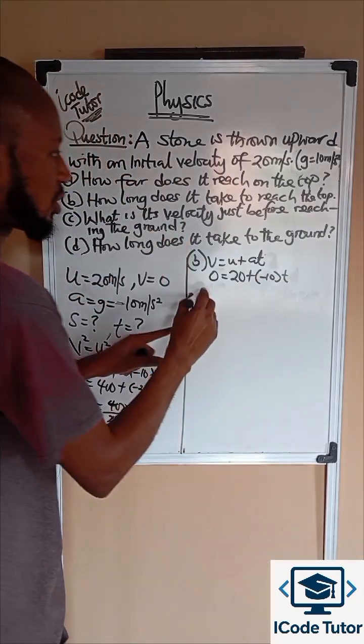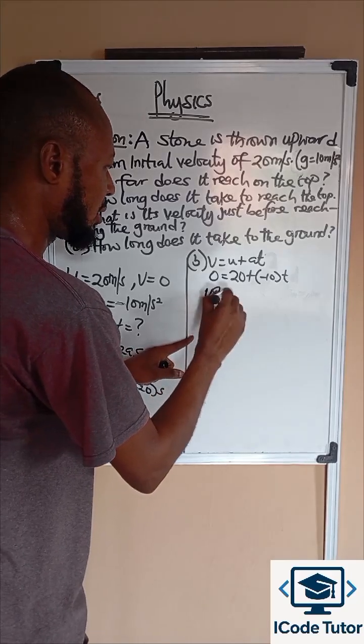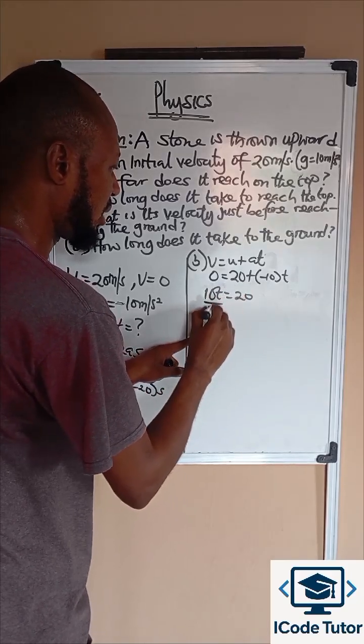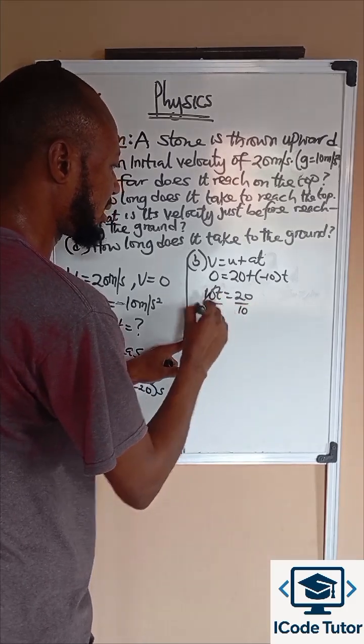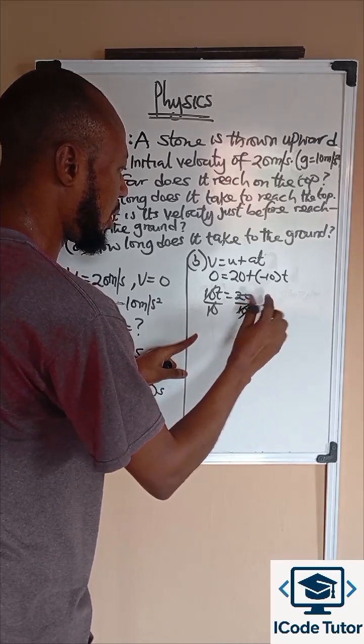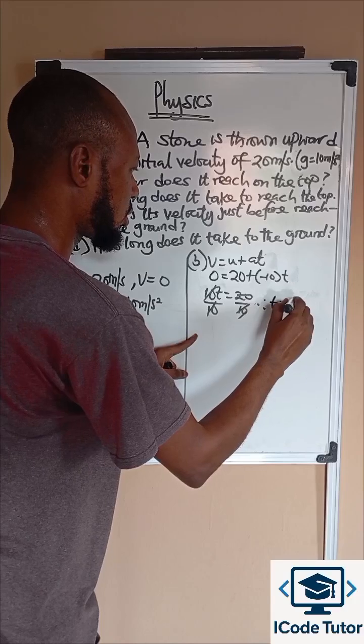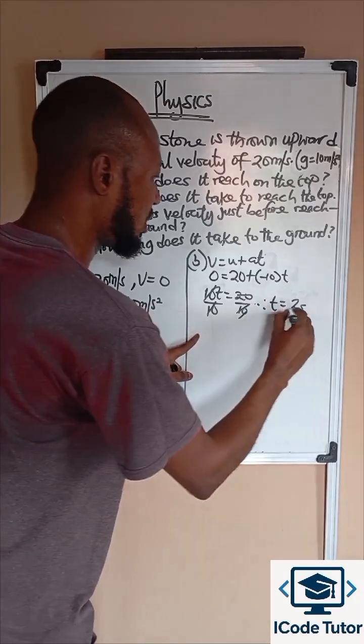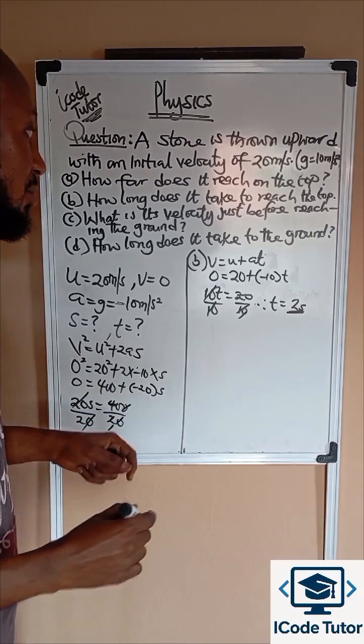Bring minus 10t to the other side, it becomes 10t equals 20. Divide both sides by 10 to get the time. That's 2. Therefore, our time equals 2 seconds, since we are calculating for the time taken.